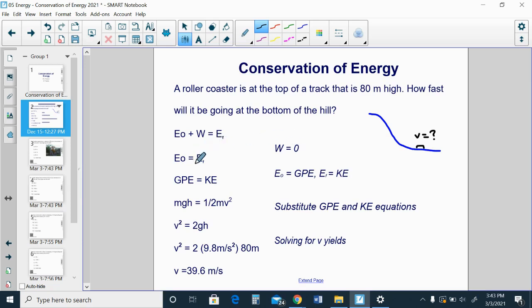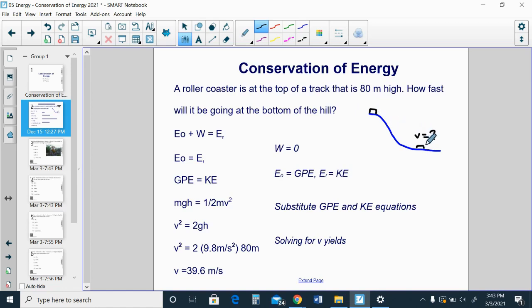So at the beginning here, we can say that the initial energy is gravitational potential energy, since it's at the top of the hill. So the initial energy of the system will be equal to GPE. And the final energy is going to be kinetic energy, since there will be a velocity now and no height. So up here we'll have a height, no velocity.